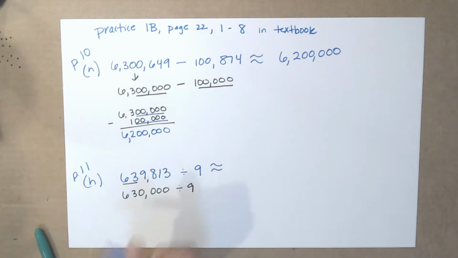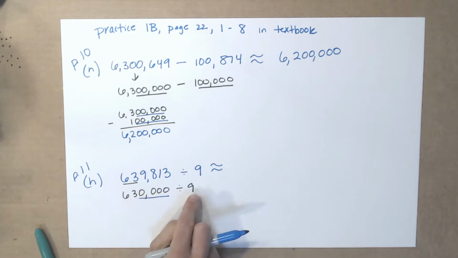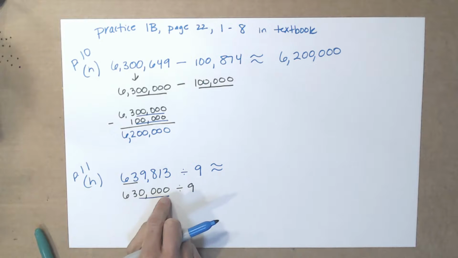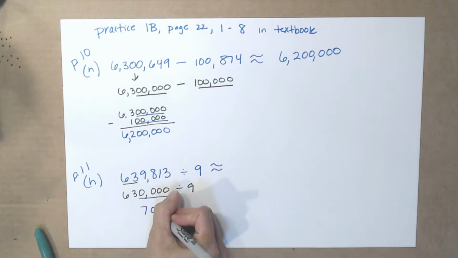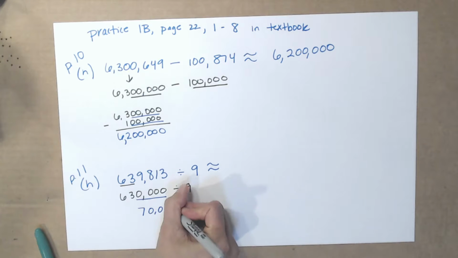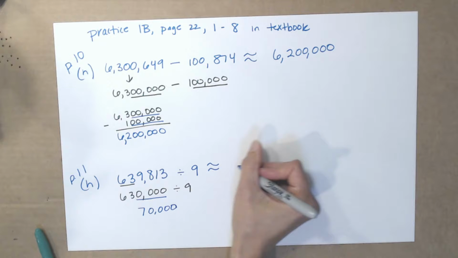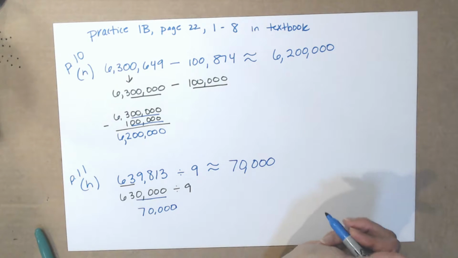Here again, I have 4 zeros. I know that 63 divided by 9 is 7, so 63 followed by 4 zeros divided by 9 would be 7 followed by 4 zeros, 70,000. So I would say this is approximately 70,000.